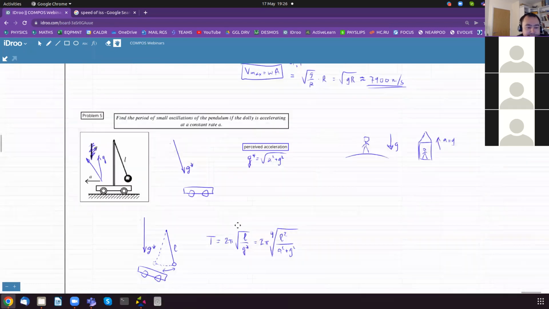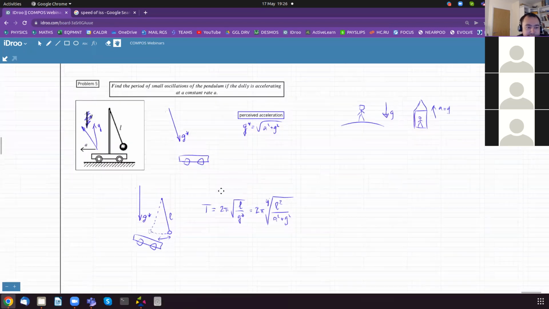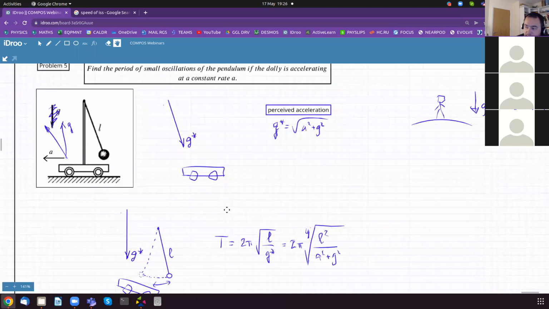And the ball will swing around a new equilibrium position, which would be here. The ball would swing around this position.